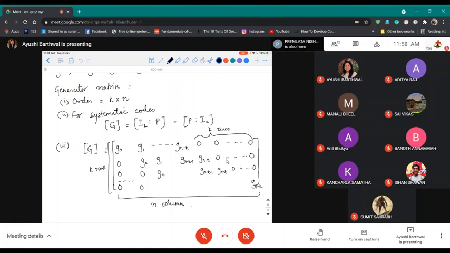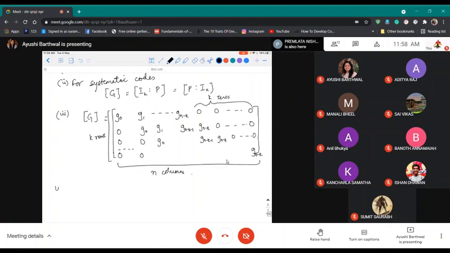Now when you generate the generator matrix with the help of the polynomial, you will find that the matrix obtained is of non-systematic nature. So you will obtain a non-systematic generator matrix.